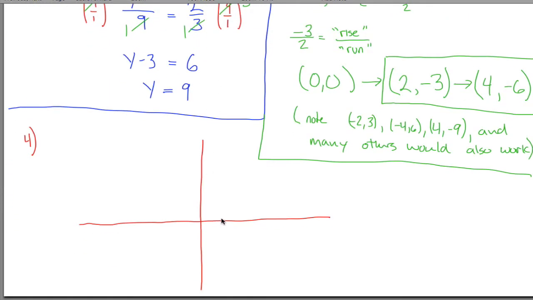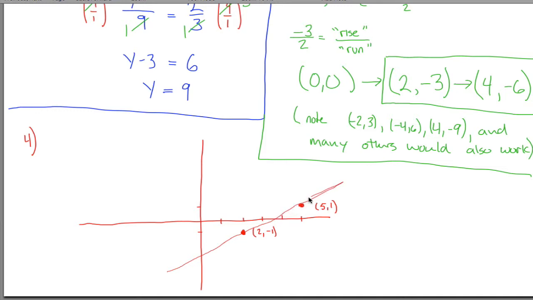So 2, negative 1 is this guy right here. And 5, positive 1 is this guy right here. And so I'll try my best to draw a straight line that goes through those 2 points.